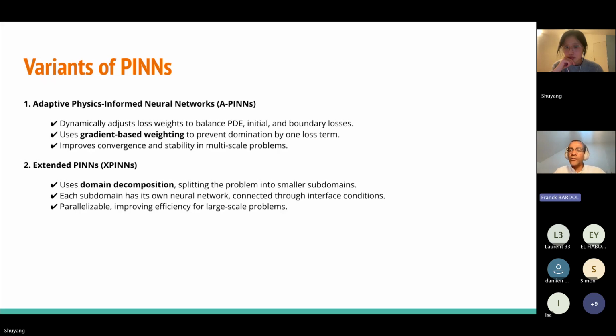At the beginning of your talk, you mentioned universal. I think it's the universal approximation theorem. Yes, I put it in the chat.